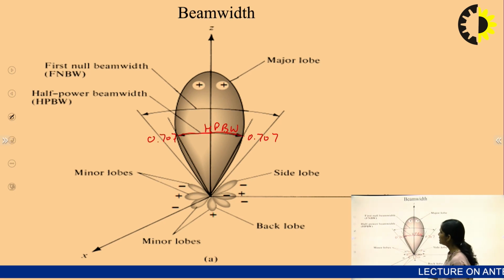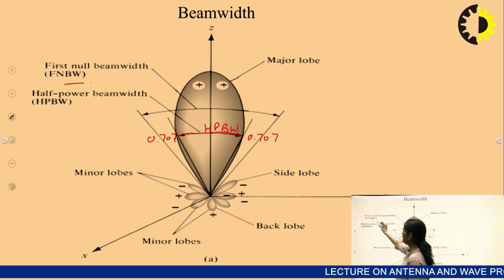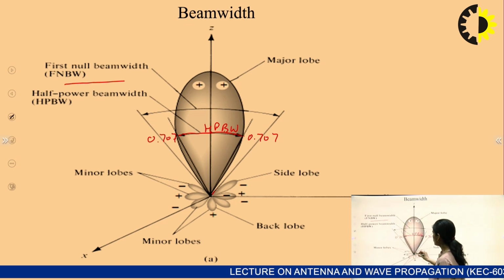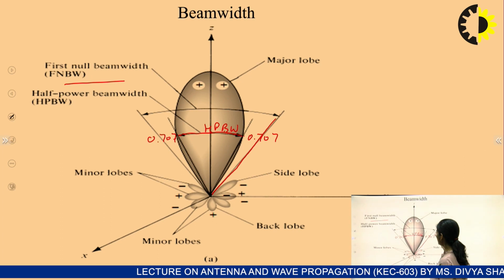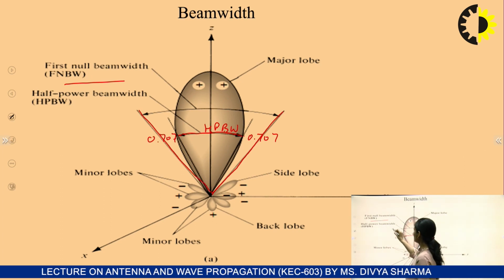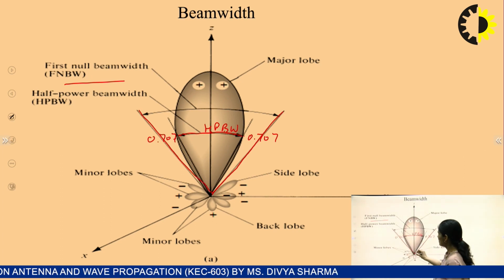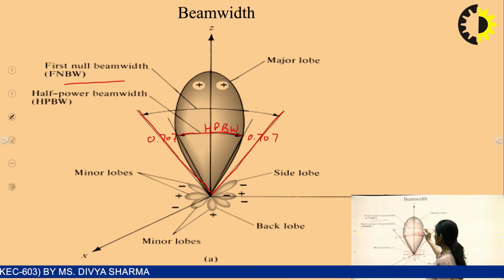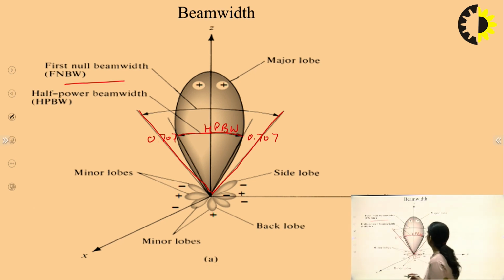Now, first null beam width: it means where there is no radiation. The angular distance between these two null points is known as first null beam width.